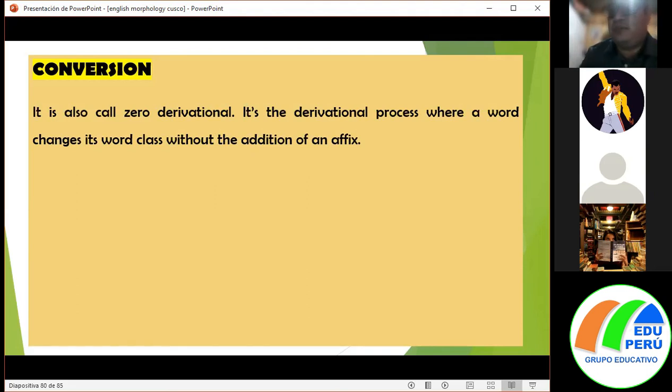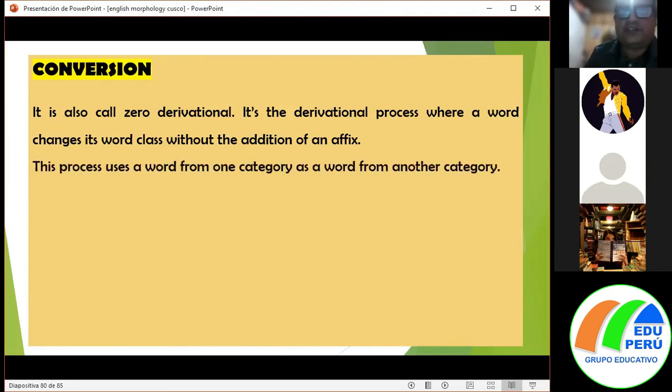It's the derivational process where a word changes its word class without the addition of an affix. So you don't use a prefix or suffix to change the type of word. This process uses a word from one category as a word from another category.